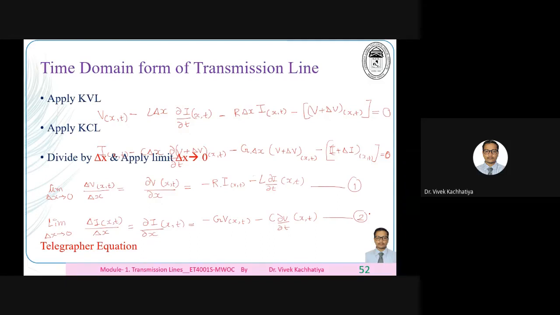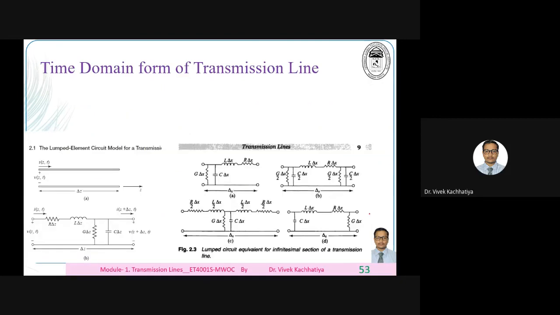First you assume current and voltage in the lumped element circuit. Second step is to apply KVL and KCL. Next is divide by delta x and apply the limit delta x tends to 0.